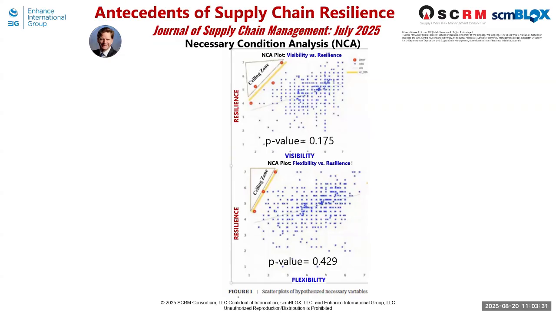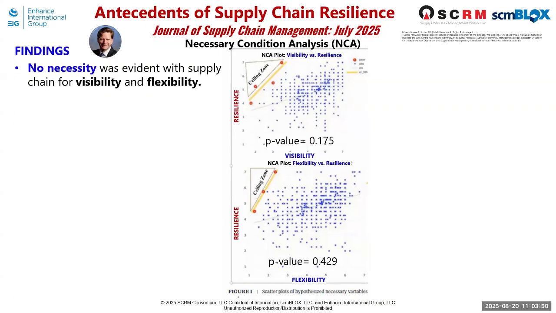So what it shows in these plots, and you can go and look at the paper yourselves, but we try to summarize as best we can, is that visibility and flexibility are not antecedents of supply chain resilience.